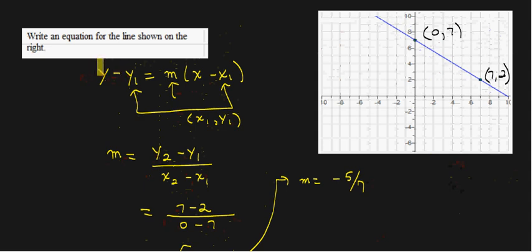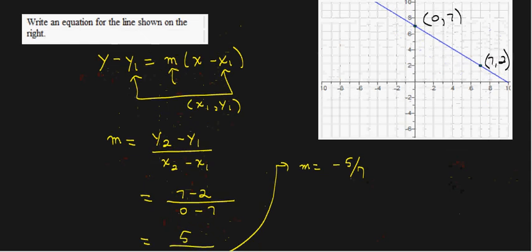Now back to this form. Remember, if we know the slope, which we now know, and a point, then we can plug those into this form of the line. Well, we do know a point. In fact, we know 2 points on this line. We only need 1, so let's use the one that's easiest to work with, which would be 0, 7.